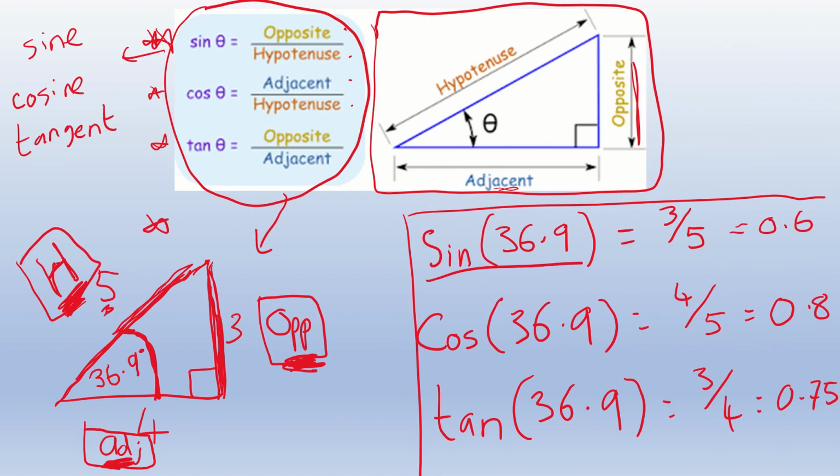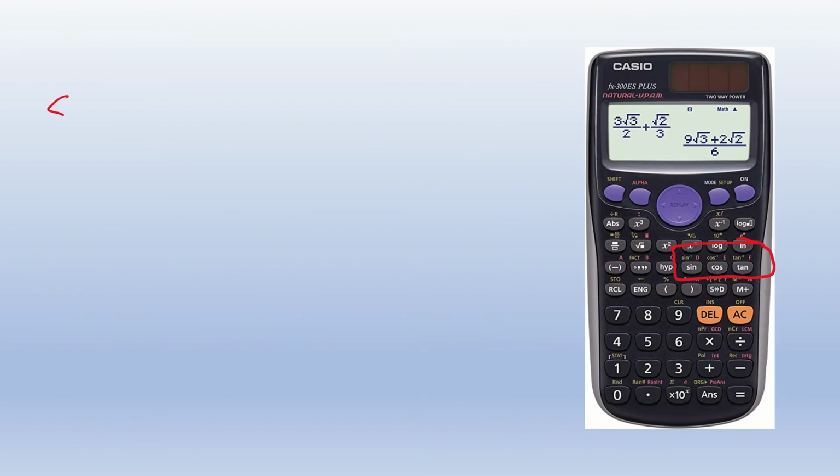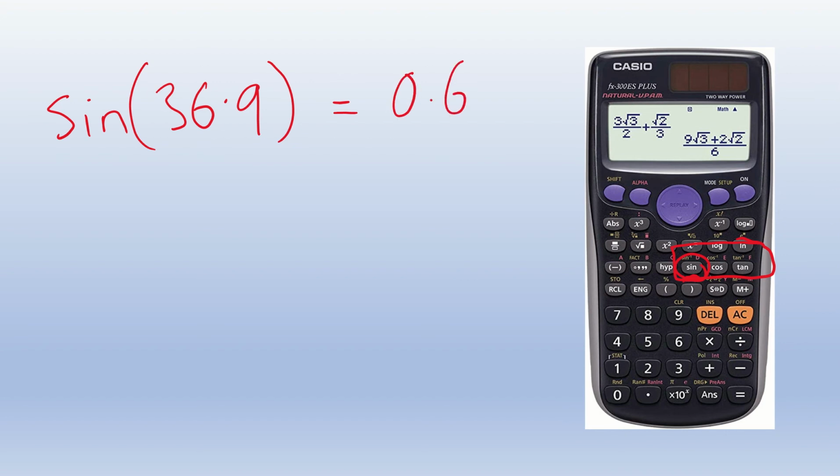If you put sine of 36.9 into your calculator, so if you press your sine button there, and brackets will come up, and if you press 36.9, I'm just going to do that here on mine, sine 36.9, you get 0.6004, etc. What you should get is 0.6.